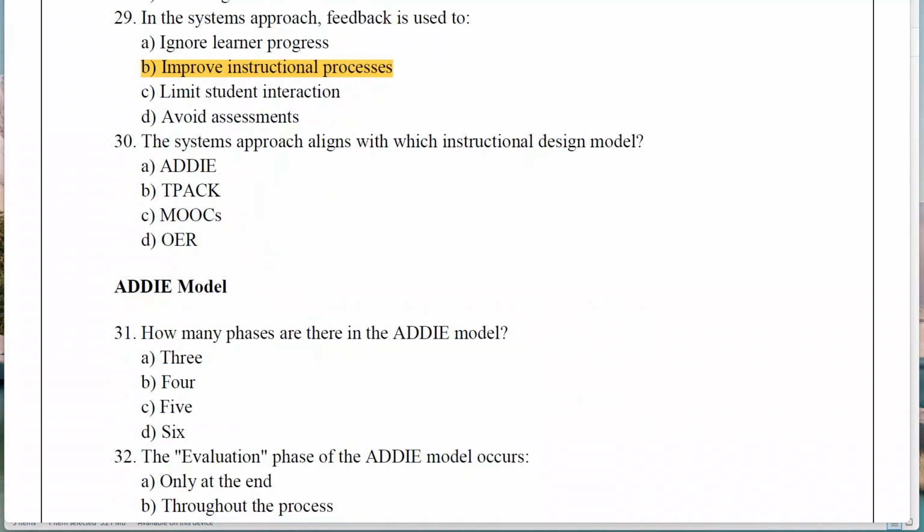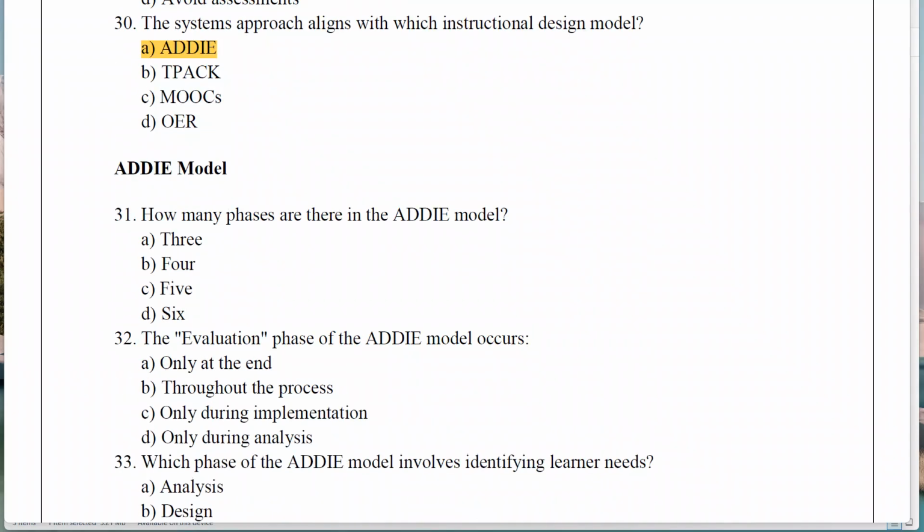The systems approach aligns with which instructional design model? ADDIE.